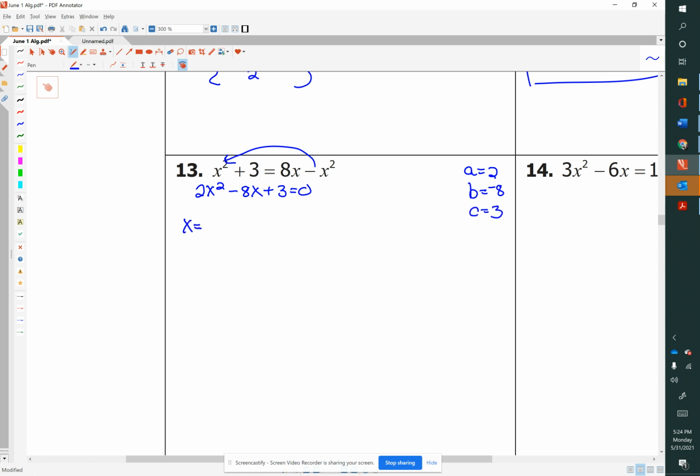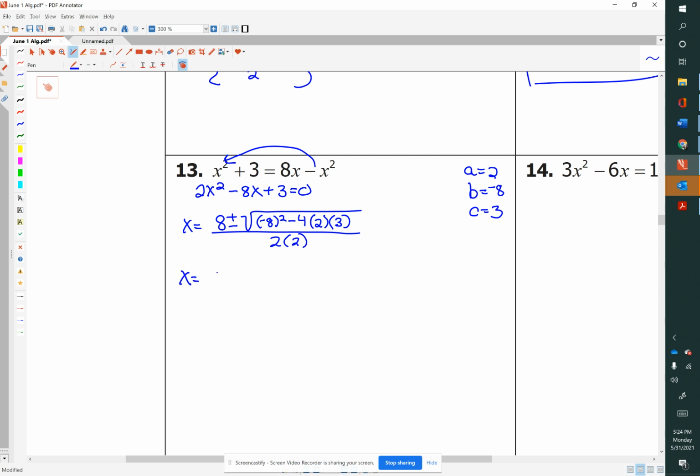So x equals, and negative 8, negative times a negative is a positive. So that would be 8 plus or minus, nice long radical, negative 8 squared minus 4 times 2 times 3. All of that over 2 times 2.